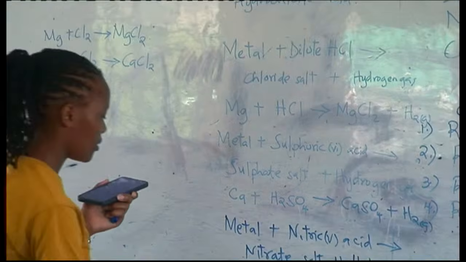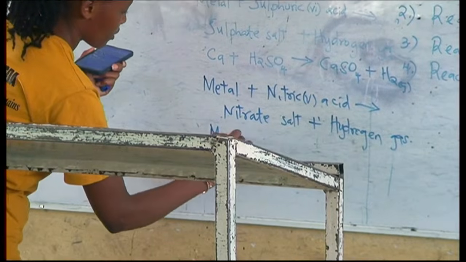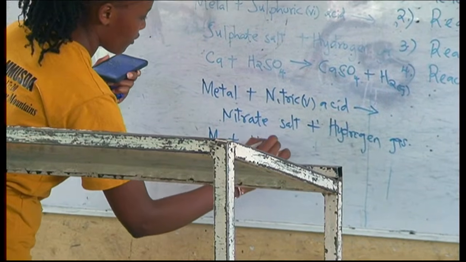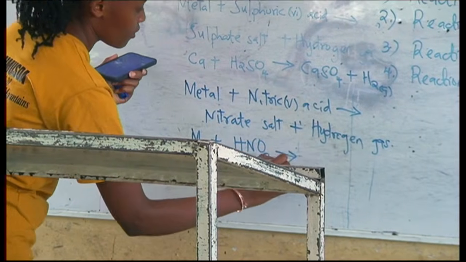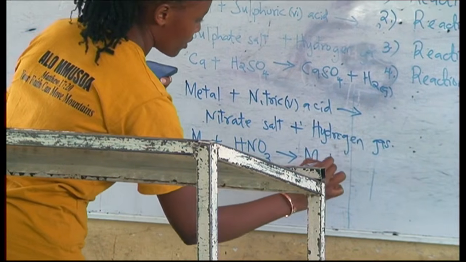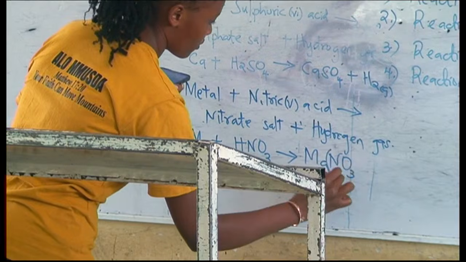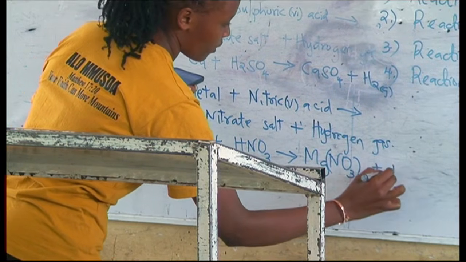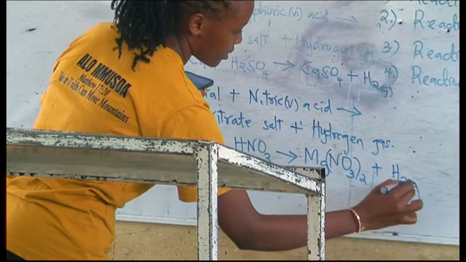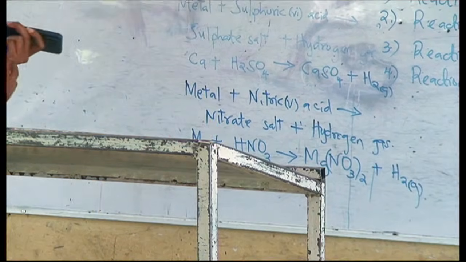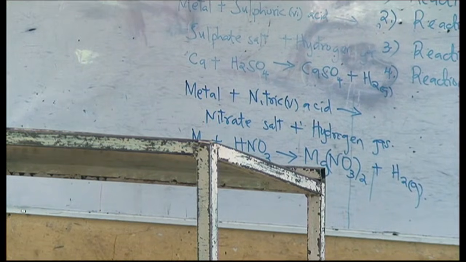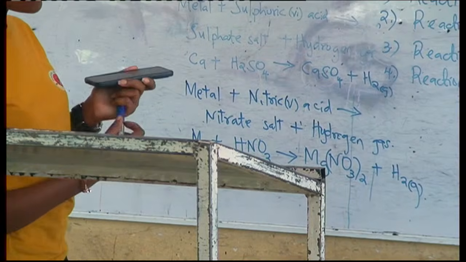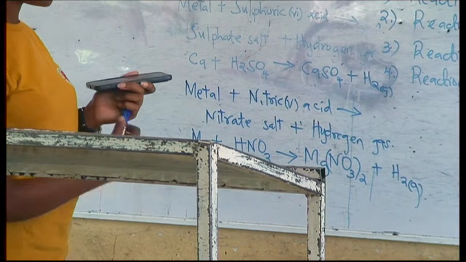For example, magnesium plus nitric acid forms magnesium nitrate plus hydrogen gas. Generally, those are the chemical properties of alkaline earth metals.